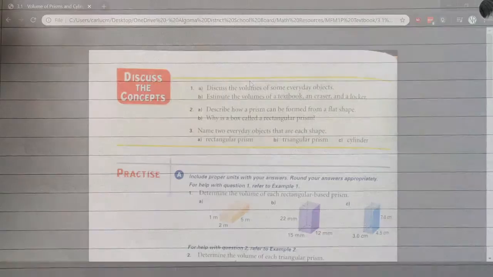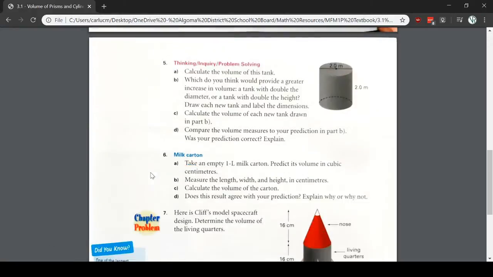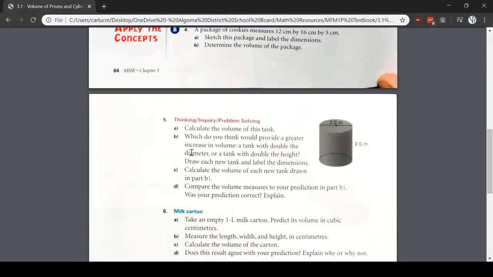Question number 5 has us calculate the volume of a tank, and I'll flip over to a copy of those worksheets. Calculate the volume of this tank.